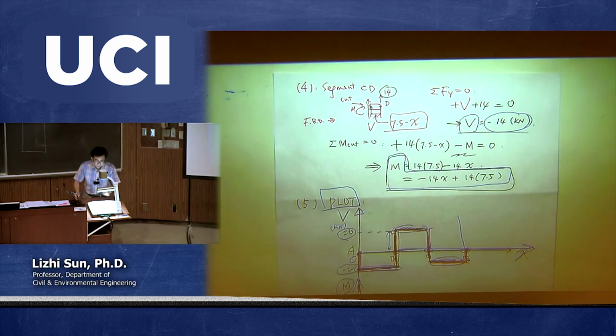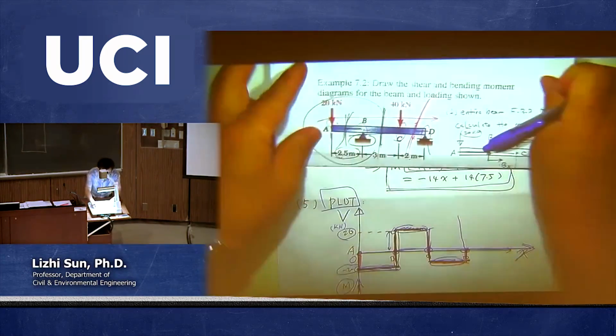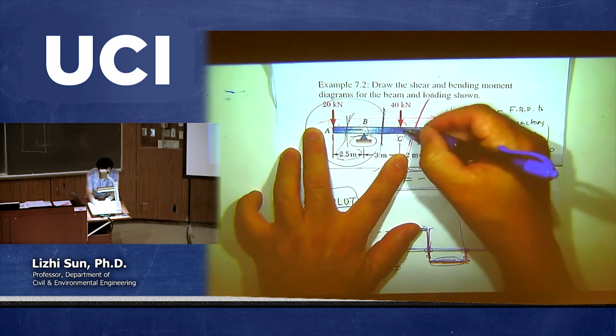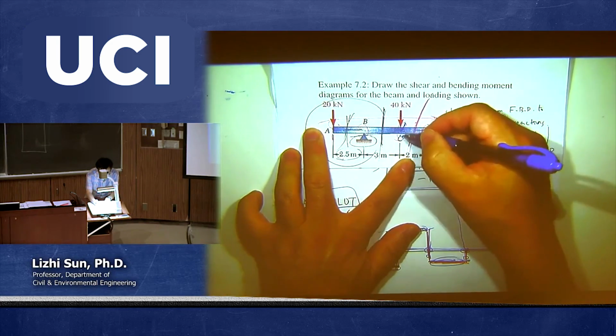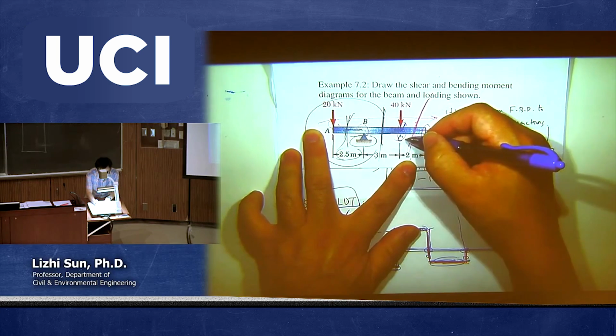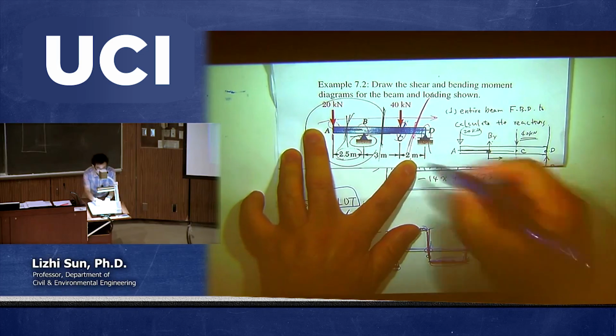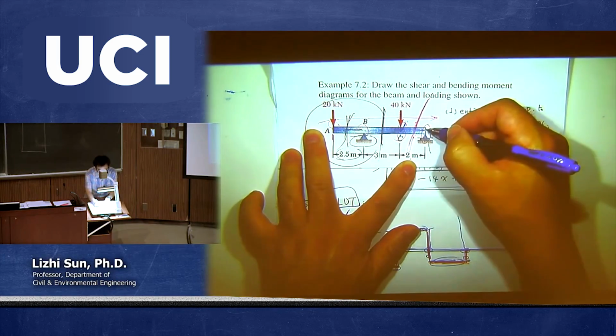Which 2 points? Typically, you need to find the domain of this x. The domain of x for this one, no matter how you cut, is between C and D. So if x equal to point C, the domain is from 5.5 all the way to 7.5. From here to here, 5.5, 7.5.